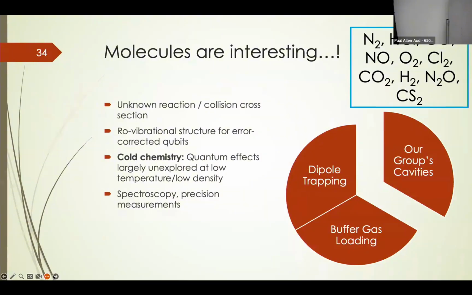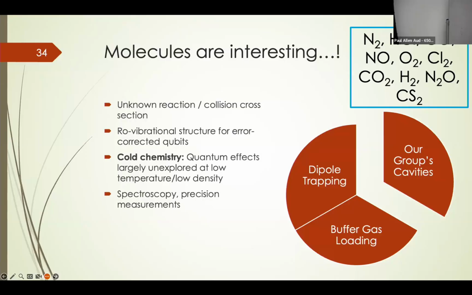It can be used in many applications. Cold chemistry is largely unexplored because it's very difficult to get a dilute and cold sample of molecules together for a long enough time to see something interesting happen. And of course, you can use it for spectroscopy and precision measurement.